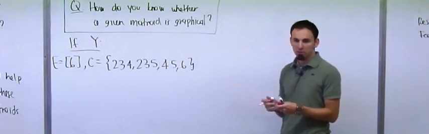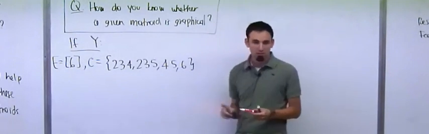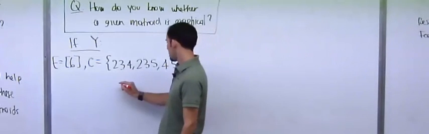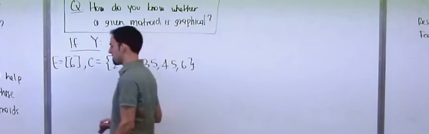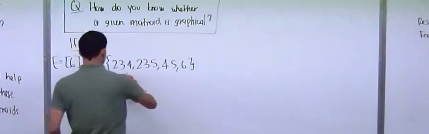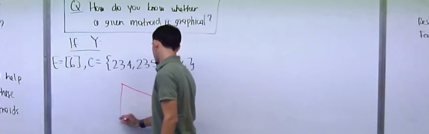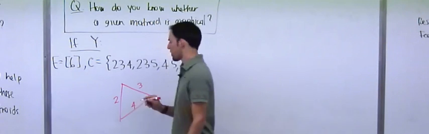Are these the circuits of a matroid? And then what you would try is to draw a graph that has these as its circuits. And so you need a circuit 2, 3, 4. So you could draw it in any way.